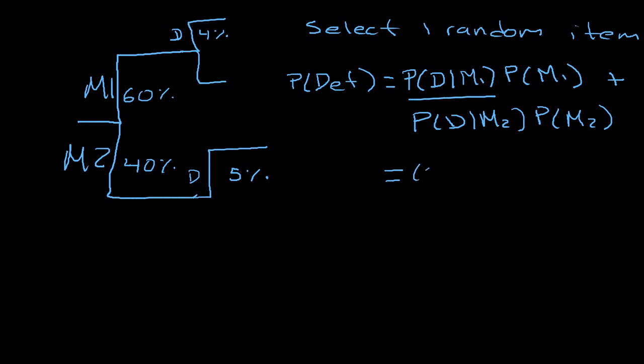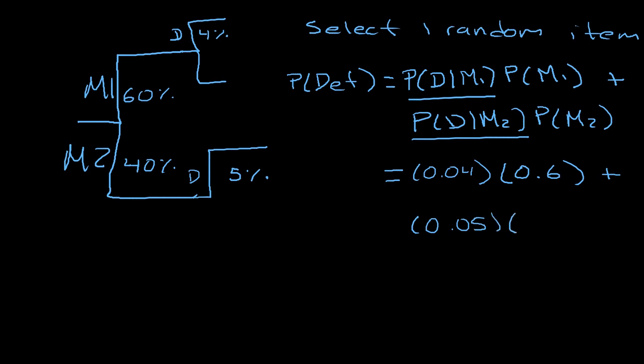So we write 0.04 times the probability of being produced by the first machine, which is 60% or 0.6. Again, this term is the probability of being defective given that it was produced by the second machine. So that's going to be just 5% times the probability of being produced by the second machine, 40%.